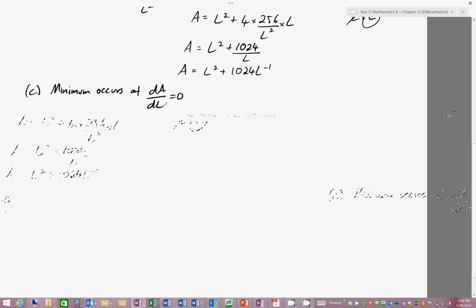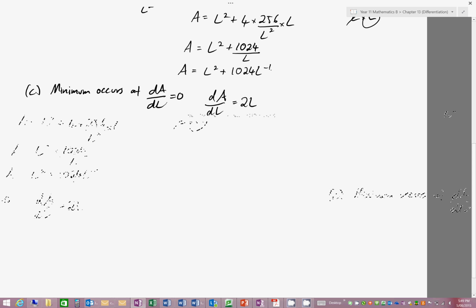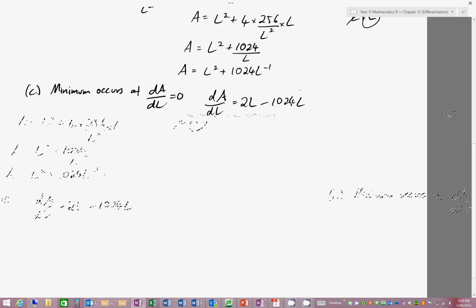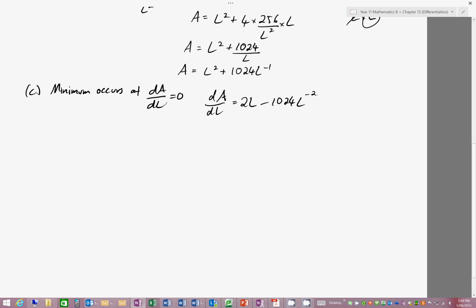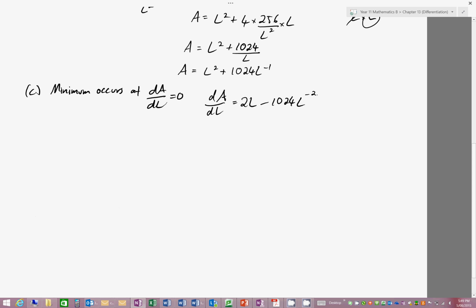So I need to differentiate A and find what dA/dL is. L squared gives 2L, and this one gives minus 1024 L to the power, subtract 1 from the power, minus 2. And I need to set this left hand side equal to 0.